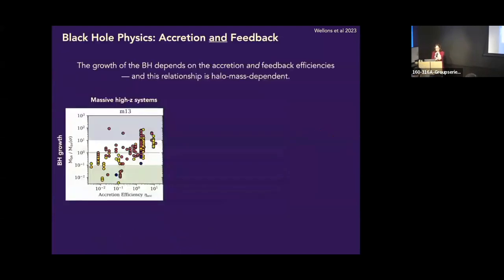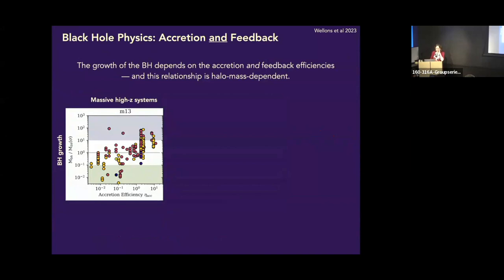So how do we achieve appropriate black hole growth? It turns out, of course, to be complicated, depends on both the accretion and feedback efficiencies, and seems to be halo mass dependent, unfortunately. For the most massive systems, if we look at black hole mass relative to m sigma as a function of the accretion efficiency in the model, models with higher accretion efficiency lead to more massive black holes, which makes sense.